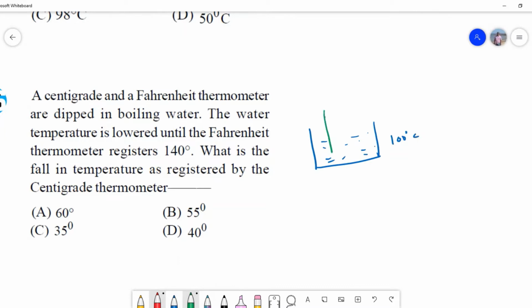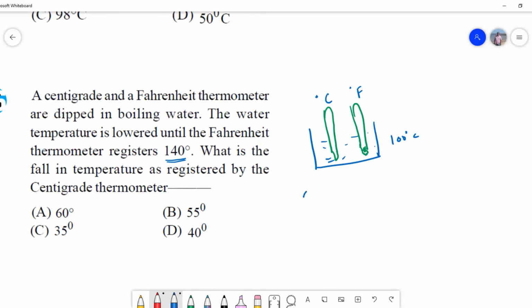In that, two thermometers are placed, one marked in Fahrenheit, another one marked in centigrade. The water temperature is lowered until the Fahrenheit thermometer registers 140 degrees. What is the fall in temperature? So 140 degrees Fahrenheit is the same as how many Celsius?